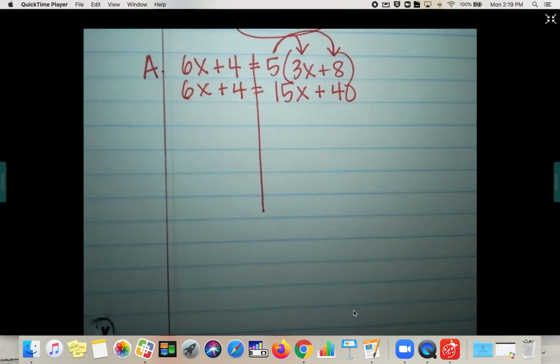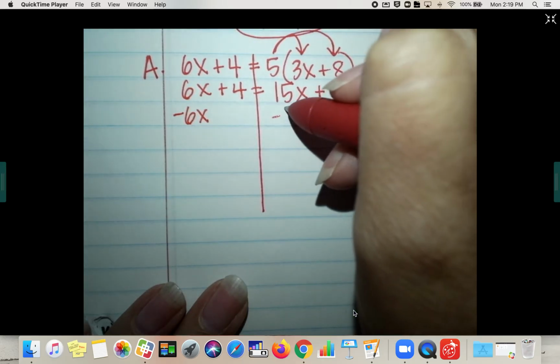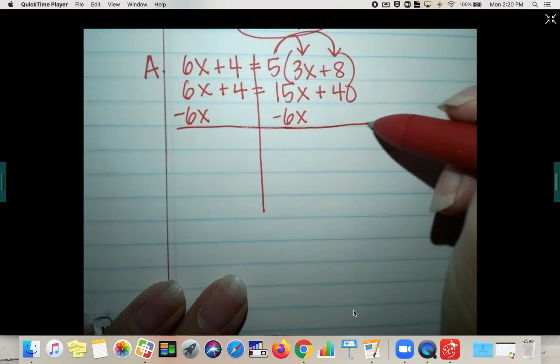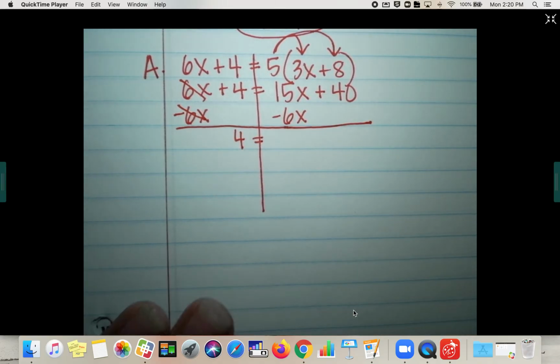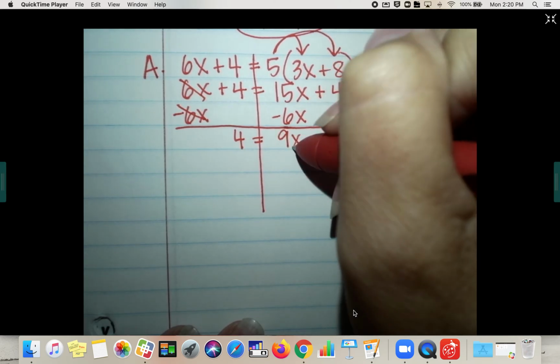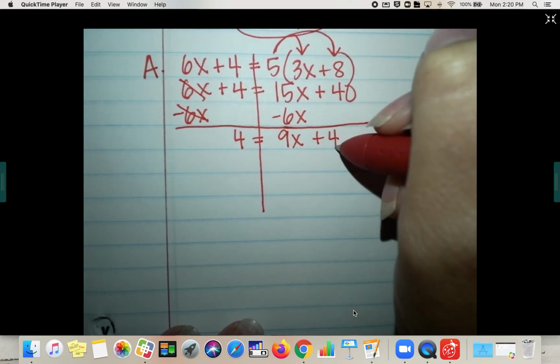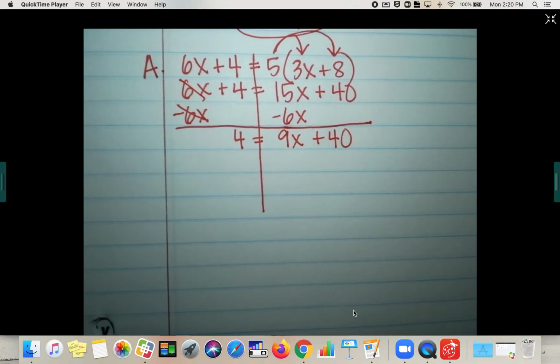All right, you've got a variable on both sides. They're both positive, so you're going to be subtracting. I'm going to choose to subtract 6x from both sides. Bring down 4. 15x minus 6x is 9x, I believe, plus 40. Basic two-step equation.